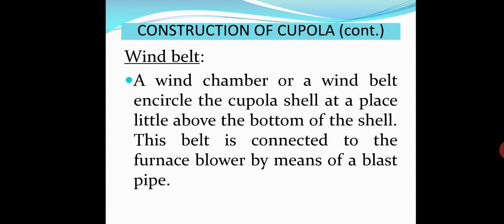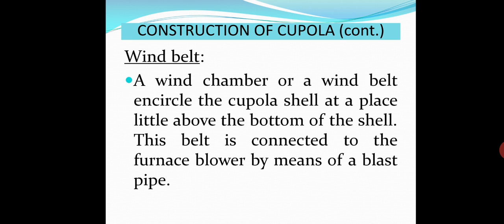For moving the air from the atmosphere into the furnace chamber, we use a wind chamber, a blower and tuyers. The blower drags the air from the atmosphere into the wind chamber, and through the tuyers it enters the shell or the chamber of the furnace.